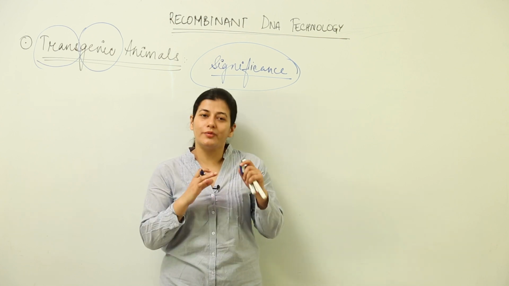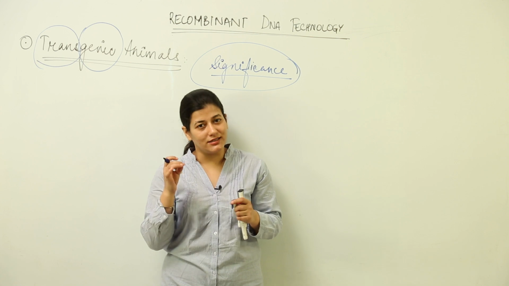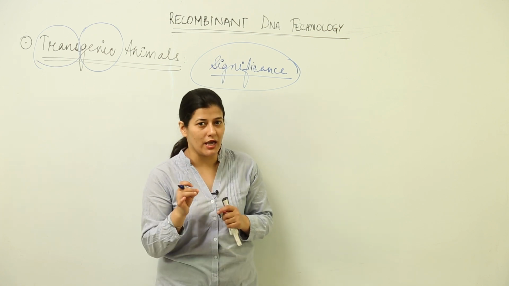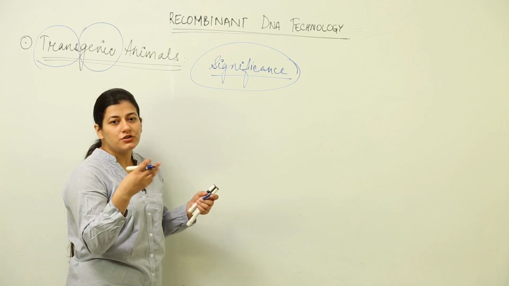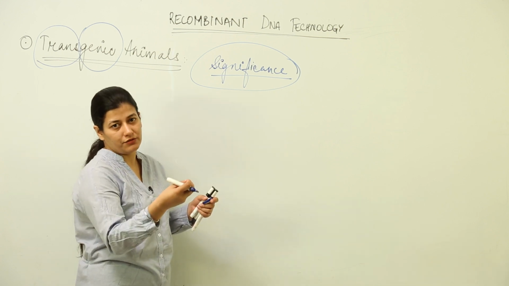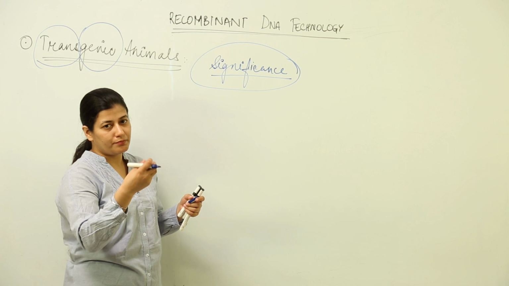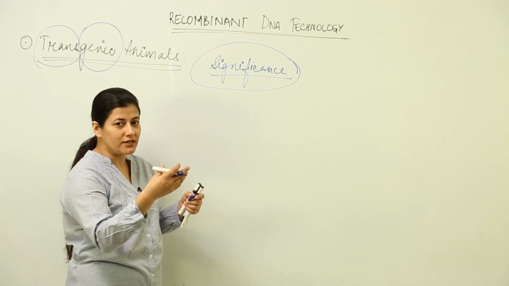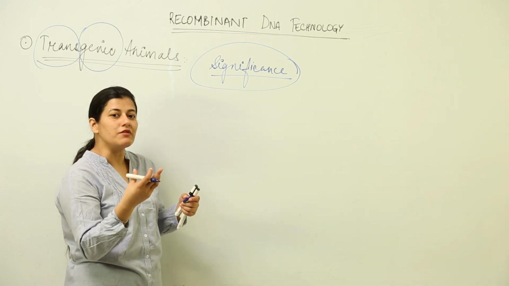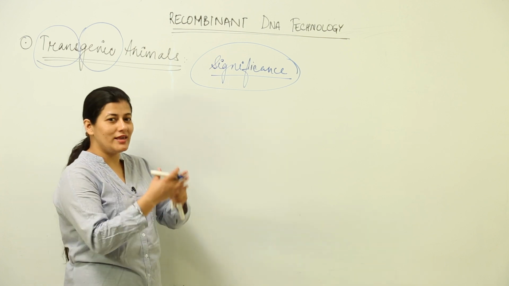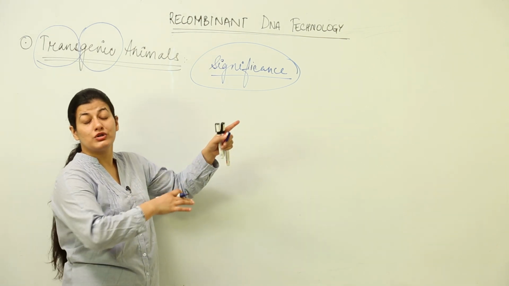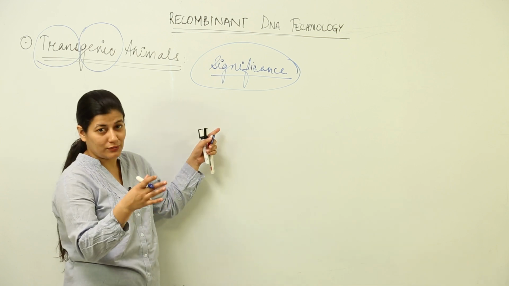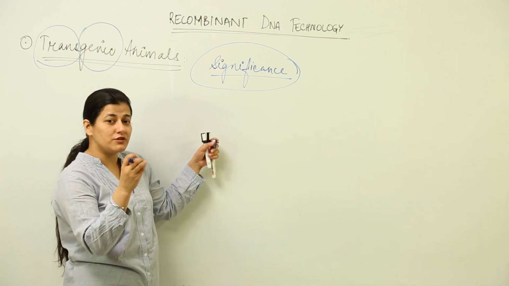Over here it's a little bit different, because we have lots of revenue coming and we need to give some purpose to that revenue. The purpose should be for some benefit of the human race. So the significance of transgenic animals would not be the conventional warfare that you see in movies. It would be some benefit of the human race.